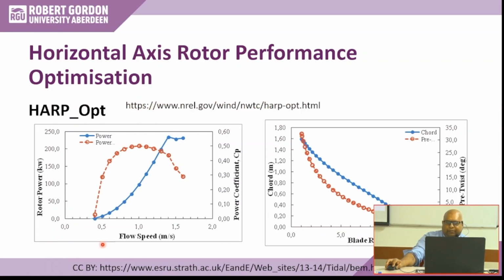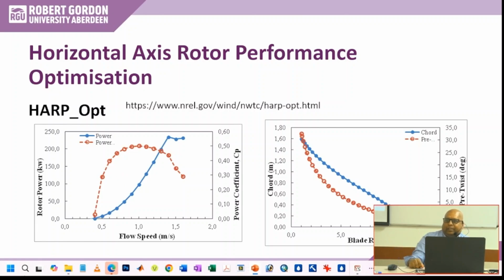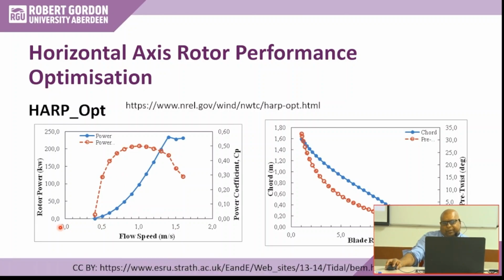If you use that software, what is the output you get? If you have different flow speeds, say starting from 0.5 meter per second up to 1.5 meter per second, this is the range.